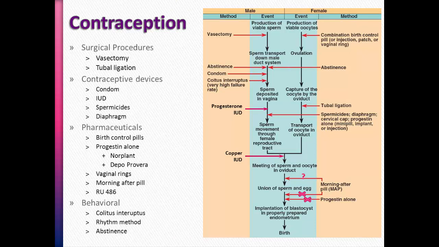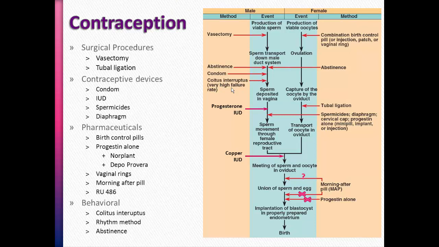Now, there are also behavioral means by which to prevent pregnancies. One is coitus interruptus. This is the idea that the male pulls out before he ejaculates. However, this has a very high failure rate because some of those sperm will leak out during intercourse. And if you get even one of those guys in there, there's a chance of pregnancy. So bad idea.